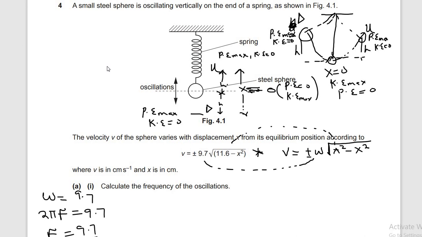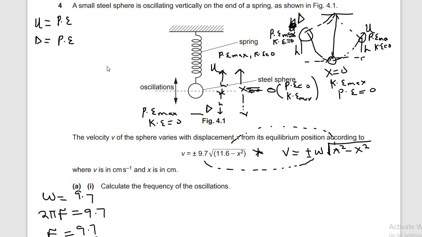So when you move up, kinetic energy is being converted to potential energy. When you move down, kinetic energy is being converted to what?